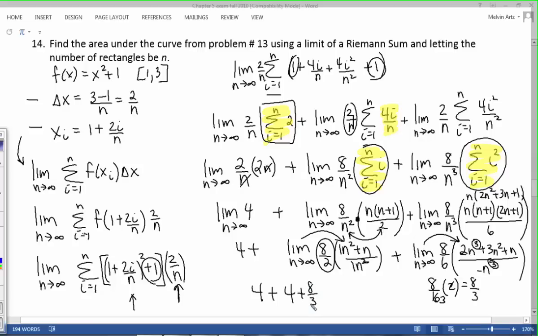Now if we simplified this, this would be 24/3 plus 8/3, which is 32/3.